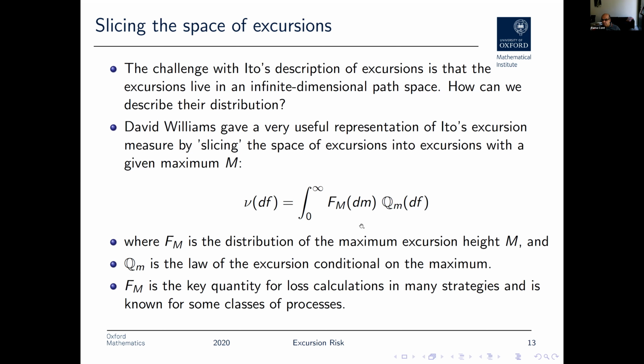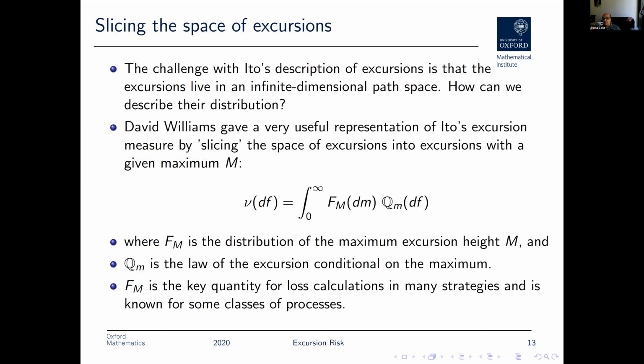And then you condition on M, which means you normalize vertically instead of horizontally. You look at the set of excursions with a fixed maximum height M, and then you look at the distribution of the excursions conditional on this height. This is what I note here, Q_M. Q_M is then a probability measure, which is concentrated on the set of excursions which reach M.